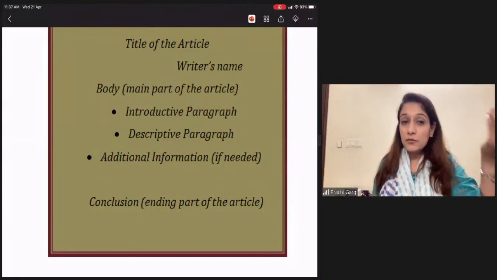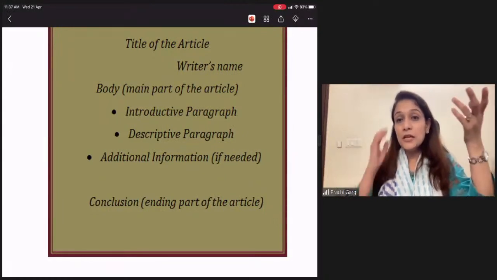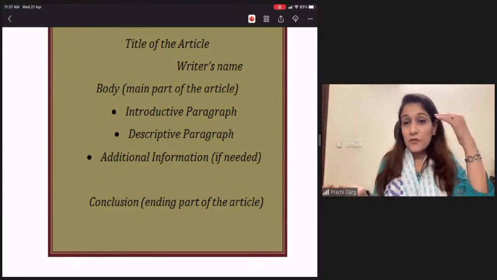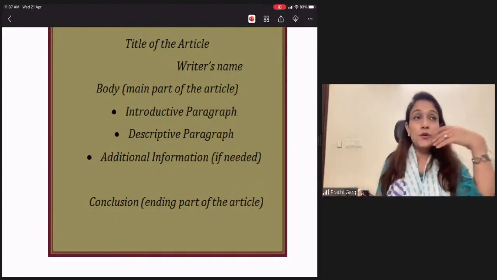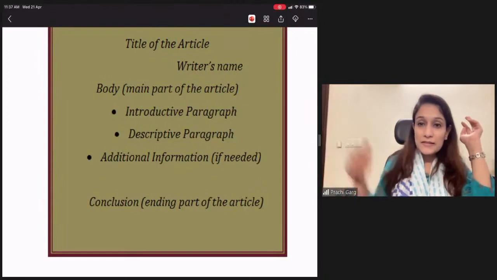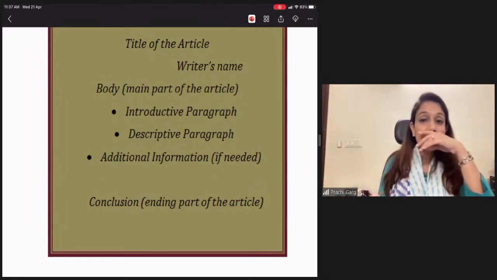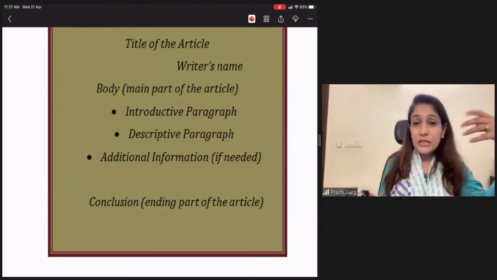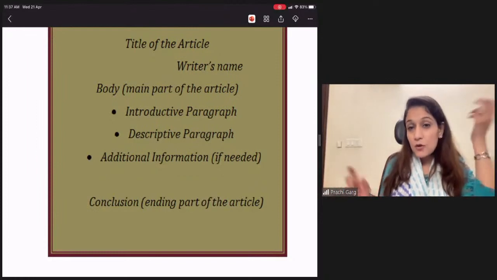If you want to give additional information, by additional information, I mean, of course, you want to mention some quotes from people. You want to talk about somebody's interview. You want to add 1 or 2 lines said by somebody else. You want to add some statistical report.